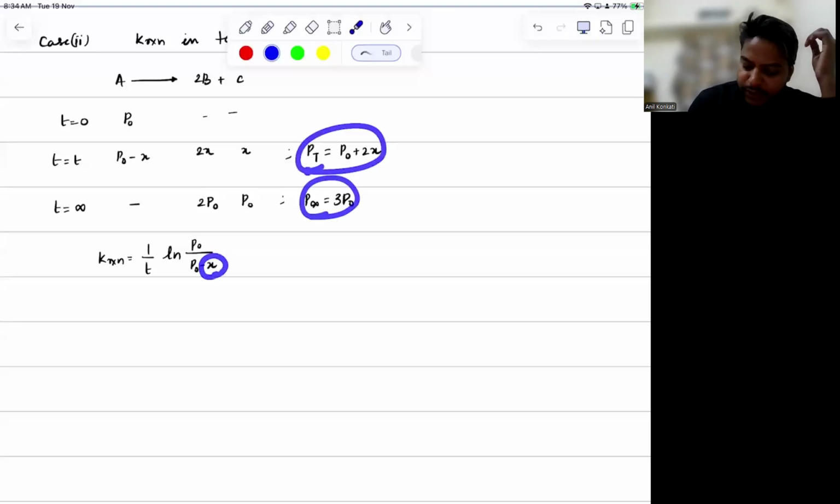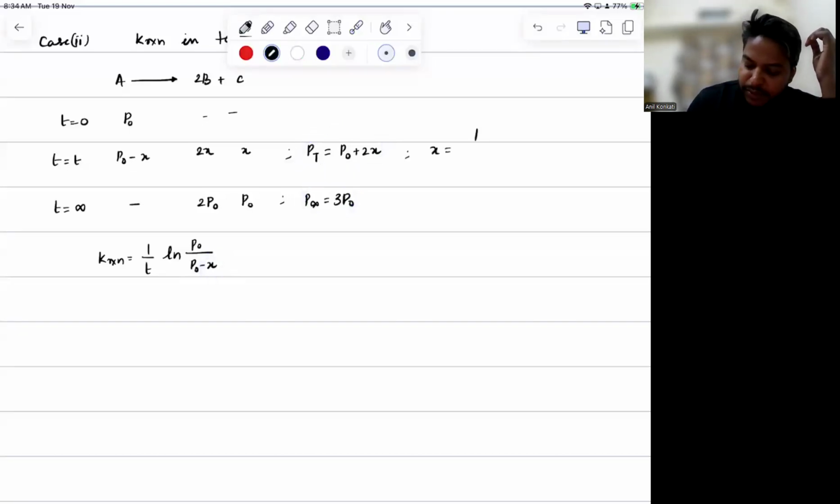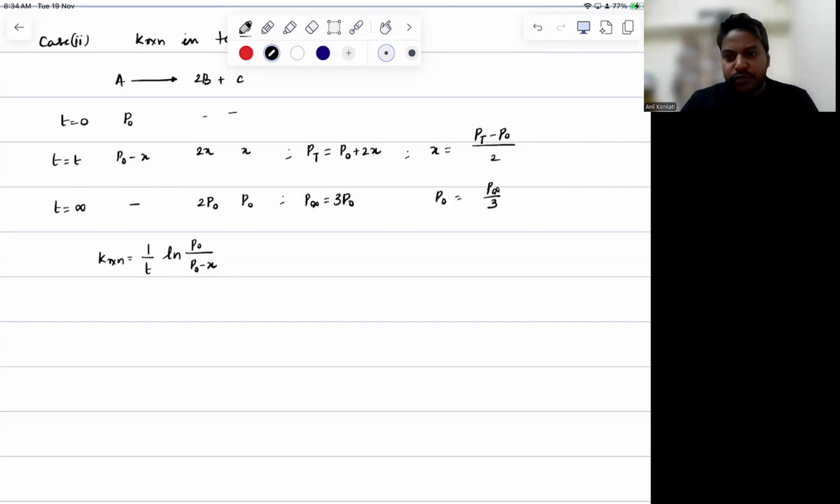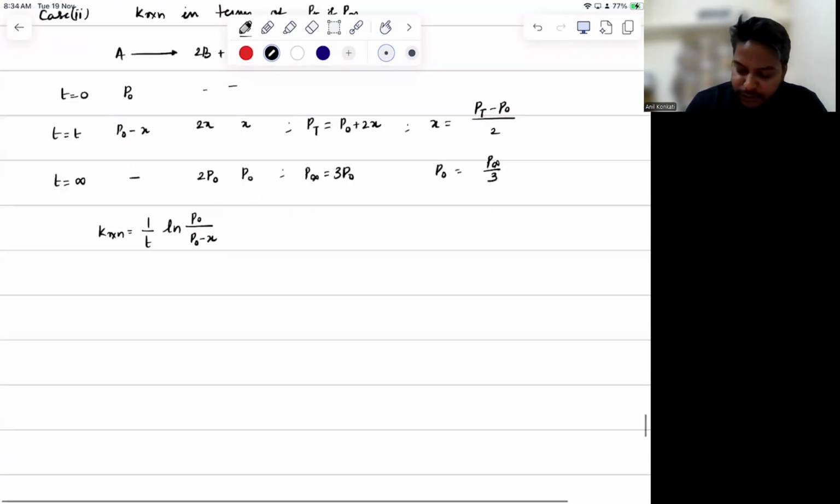So x is equal to (Pt minus P naught) by 2, while P naught is equal to P infinity by 3. I hope you understood what to substitute. If we substitute these values, you would get 1 by t ln (2 by 3) P infinity by (P infinity minus Pt). This is what you will get.